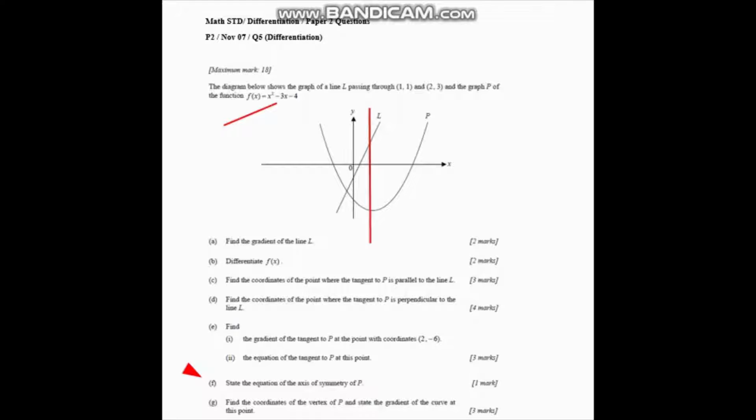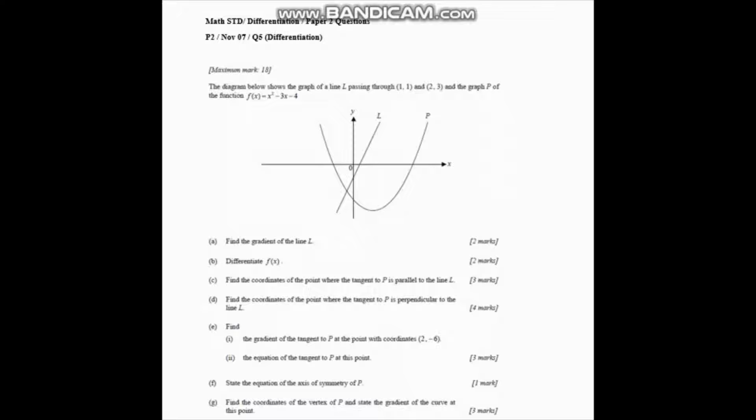Since b here is negative 3, negative b shall be positive 3. So positive 3 over 2 times a, and a is the coefficient of x squared, which is 1. So x equals positive 3 over 2. This is the way to get the equation of the line using quadratics.